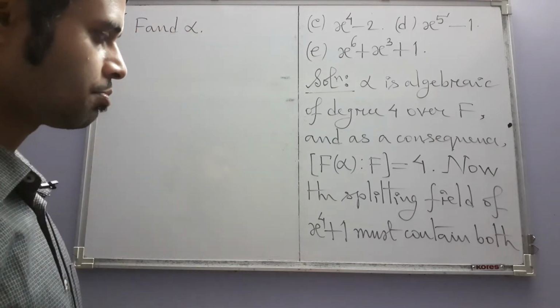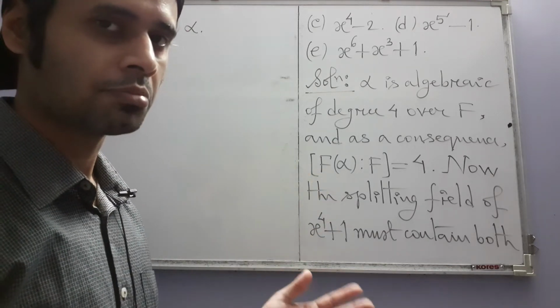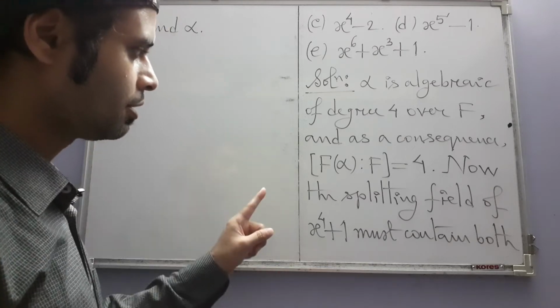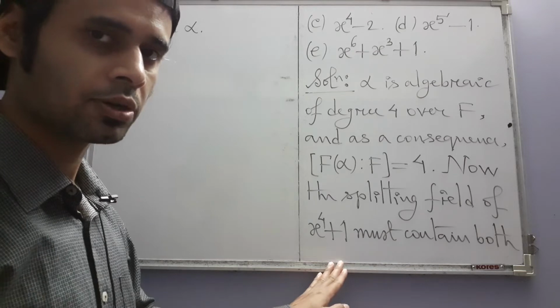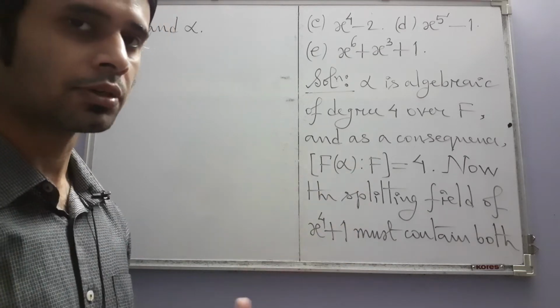Why? The splitting field of course contains F by its definition, but it also contains alpha because it should contain all the roots of our polynomial, and alpha is one root of our polynomial.